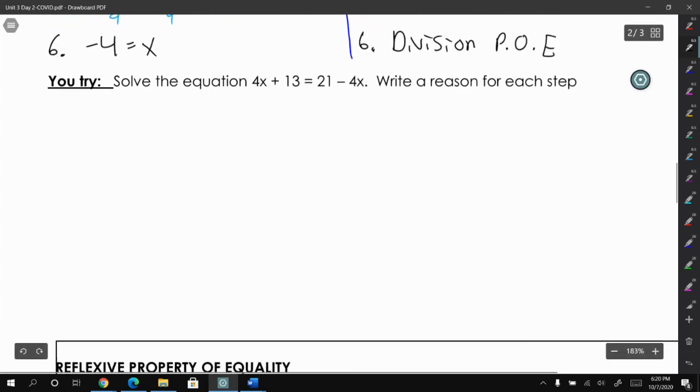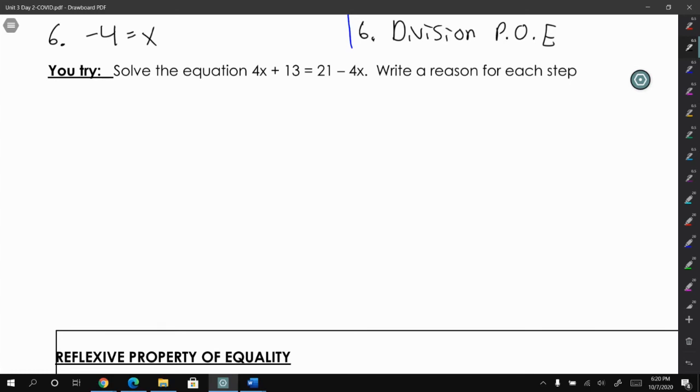Okay, so for example, this next one, I'm going to set it up, and then I'm going to ask you to try it. Pause the video, try it, and then after you've tried it or you get stuck, then unpause the video, and I'll walk through this one as well. But I really want you to try this on your own first.